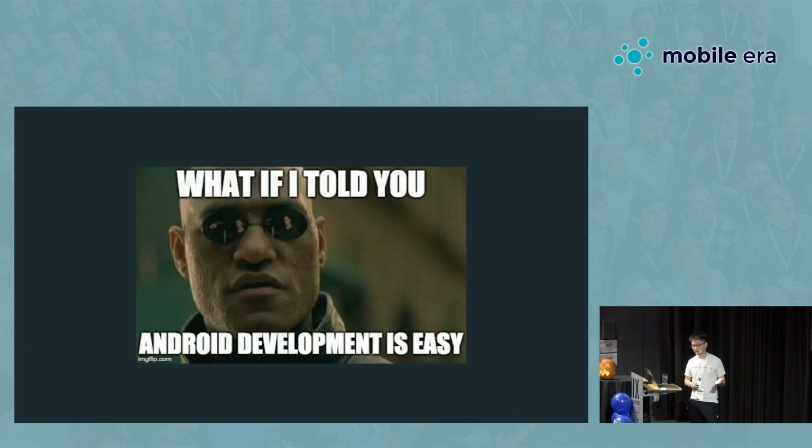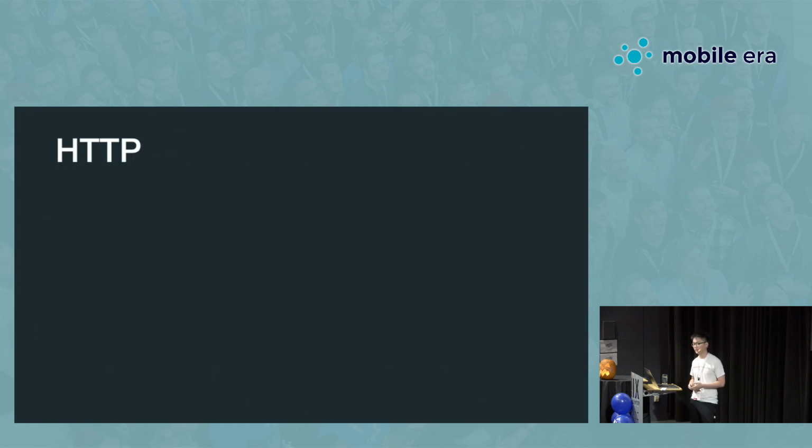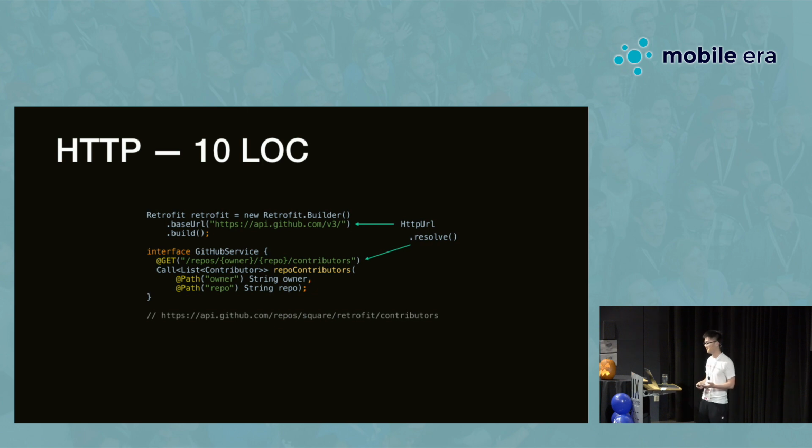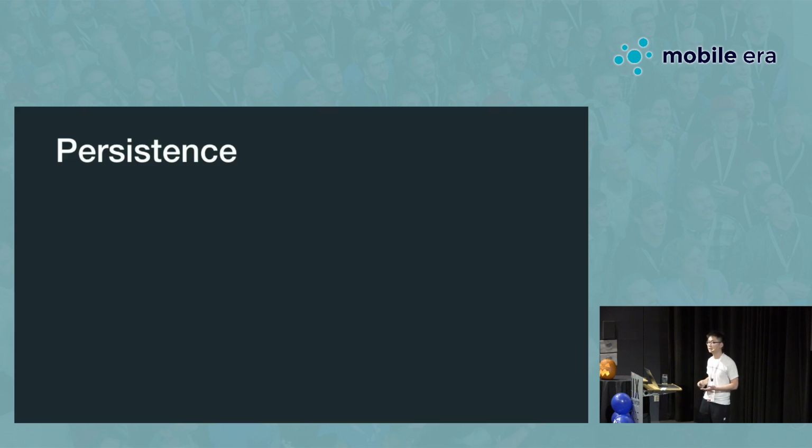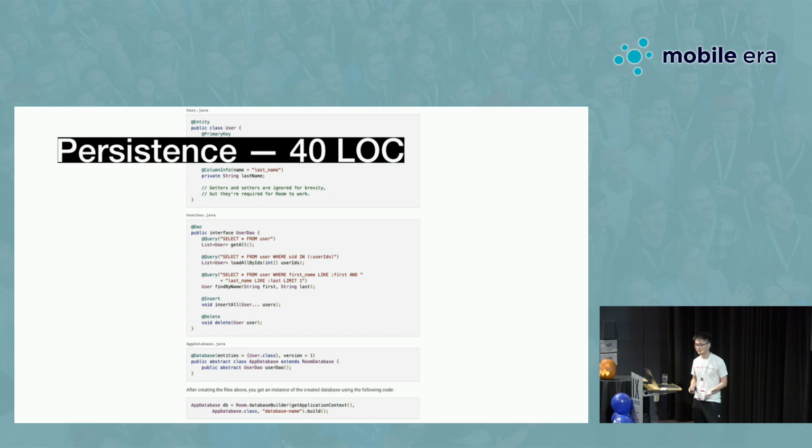Over the years, the Android community has built many great libraries that make Android development easy. HTTP is easy. With Retrofit, it takes just 10 lines of code to build a HTTP client. Persistence is easy. With Room, it takes 40 lines of code to set up a SQLite database.